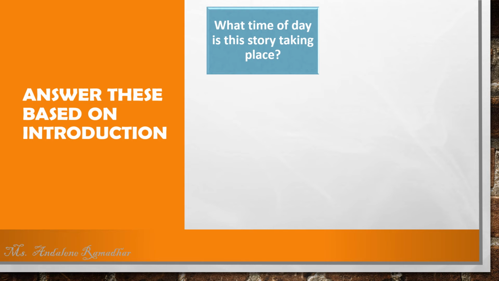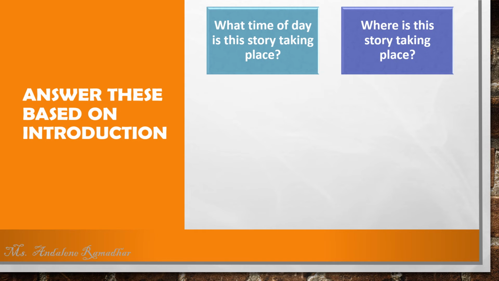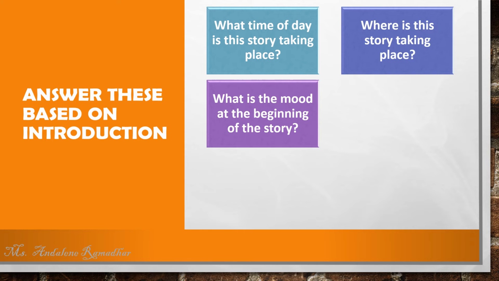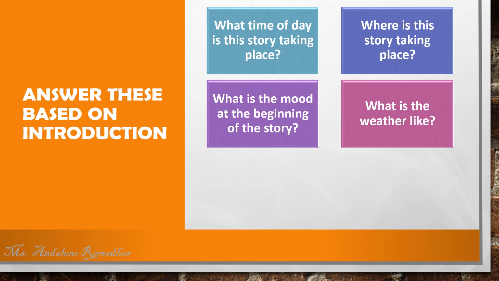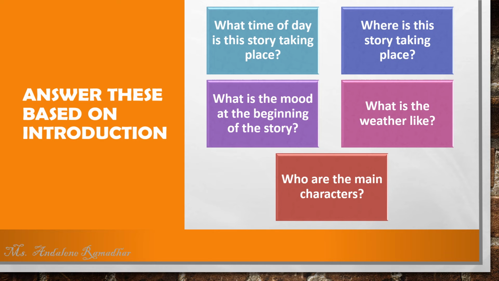What time of day is the story taking place? 2. Where is this story taking place? 3. What is the mood at the beginning of the story? 4. What is the weather like? And 5. Who are the main characters?